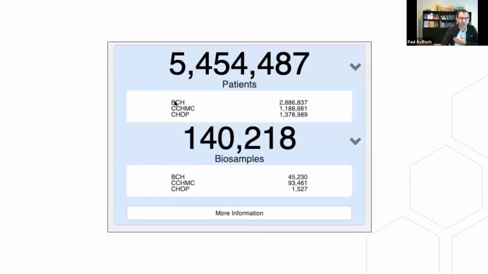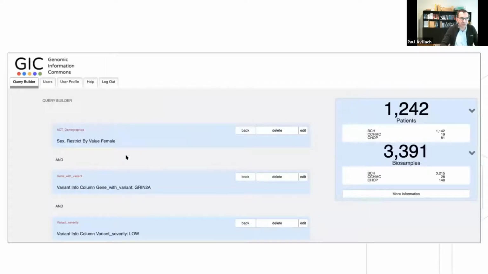So showing you, for example, Boston Children's Hospital, Cincinnati, and CHOP, where we have access to the number of patient samples across the institutions with the various breakdowns, as it's being done with PIC-SURE.